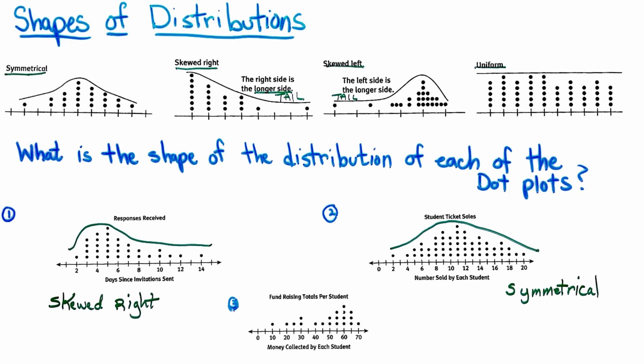distribution. And last but not least, here we have fundraising totals per student. And this is money collected by each student. So as far as the money collected, we have some that collected 10, some that collected 20, but a lot of our students really collected a lot of money as far as the numbers that are shown on this graph.